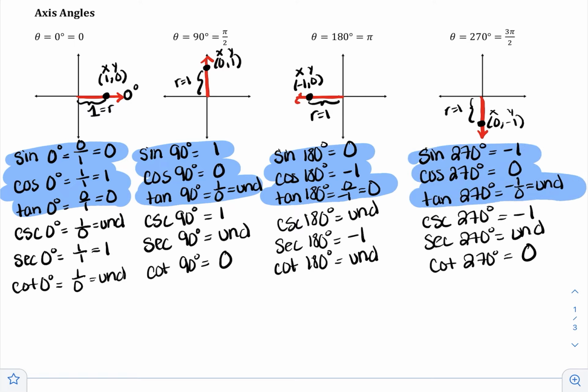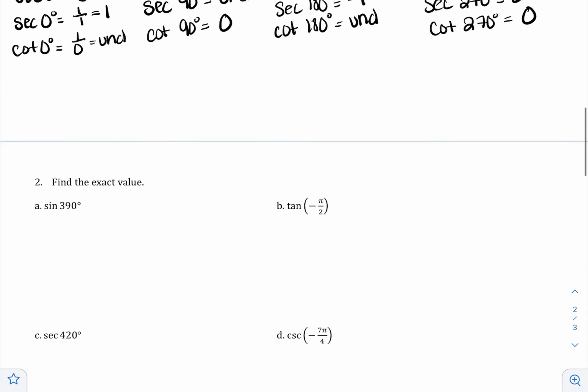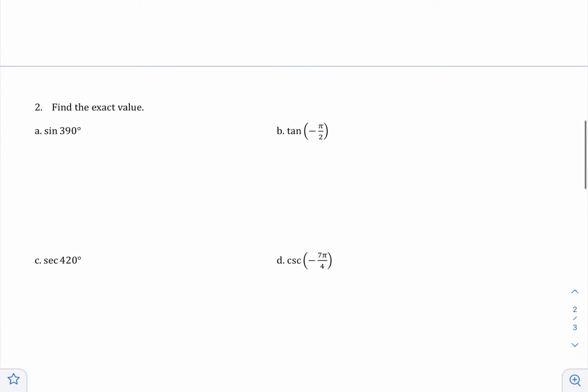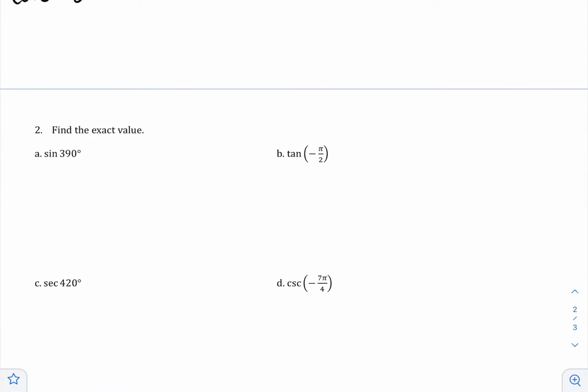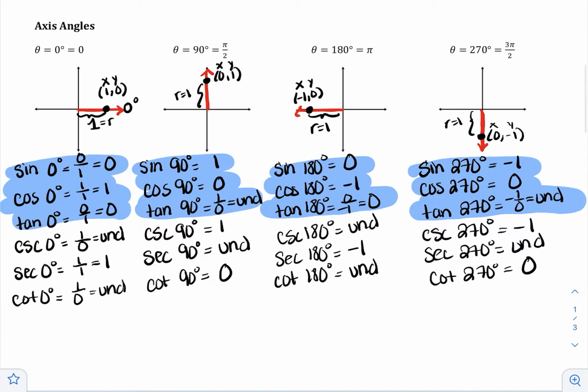But the key is also to draw your diagram, have your little diagrams. So let's put everything together about all of our golden angles. Now we have the 6 trig functions of 0, 30, 45, 60, 90, 180, and 270. So for the axis angles, you draw this kind of visuals.